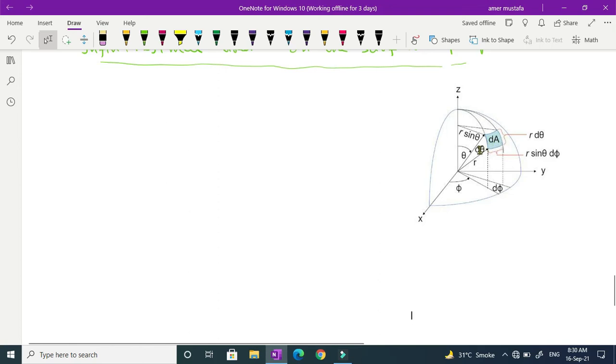And if this line rotates in the horizontal plane, phi will change, and due to the change of phi the infinitesimal length is r sine theta d phi. These two lengths are the two sides of this area.